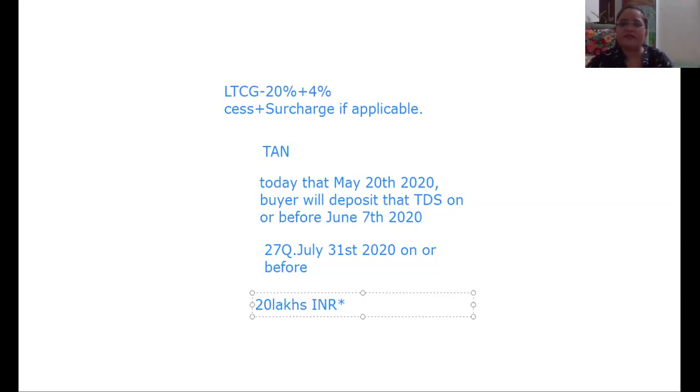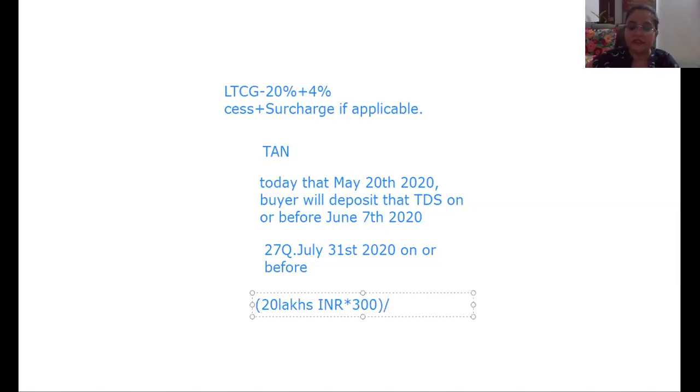Let's consider that this is only the cost inflation index for 2020-21 also. So let's consider 300 maybe.